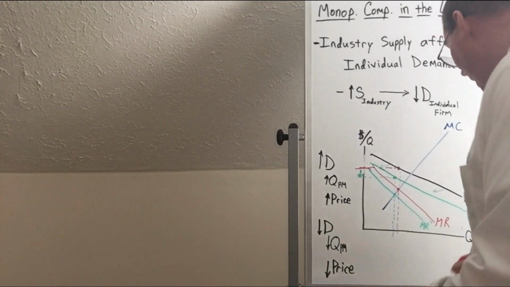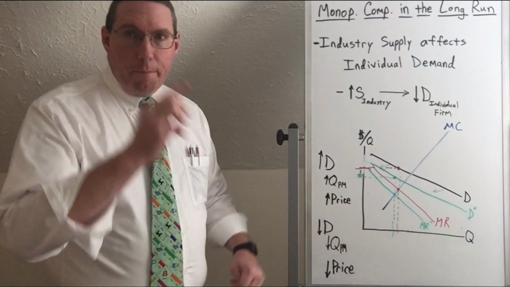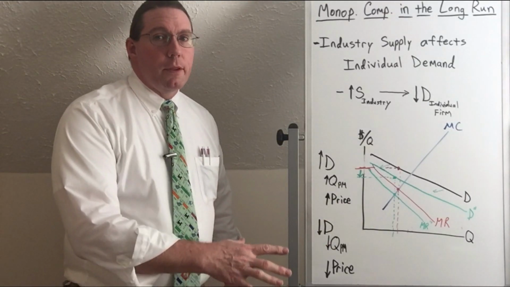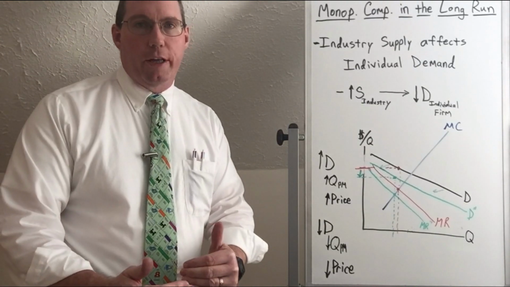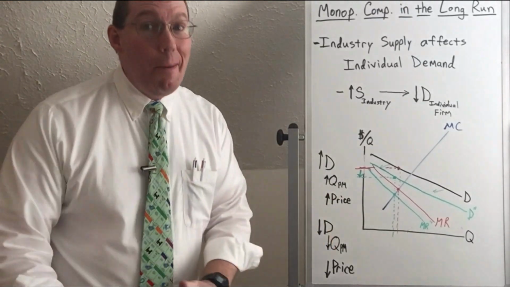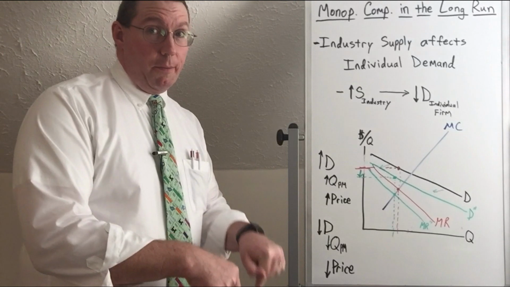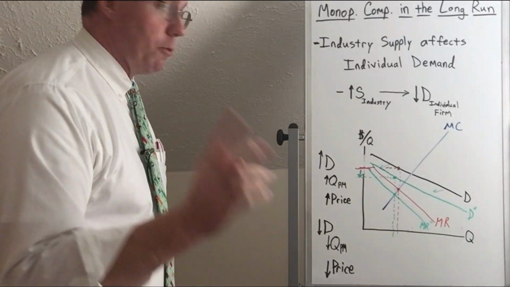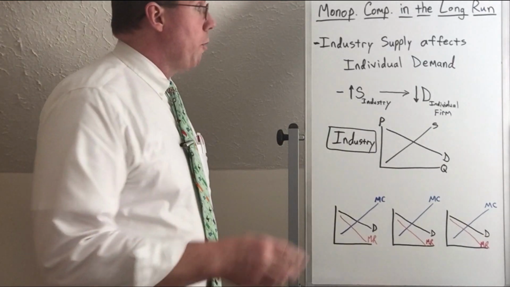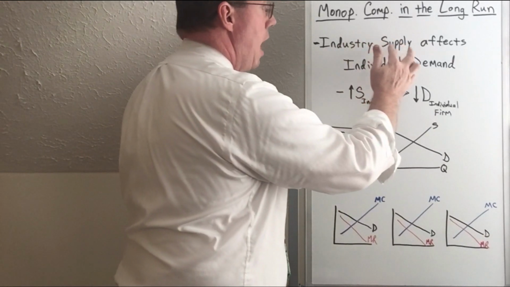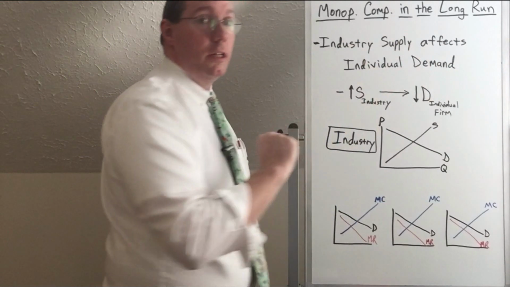And what we're going to talk about now is the idea that competitors share the demand, so when there are entrants into the market, supply goes up and their individual demand will go down, and we'll see that in just a second. All right, so here's what we're going to say: industry supply affects individual demand.